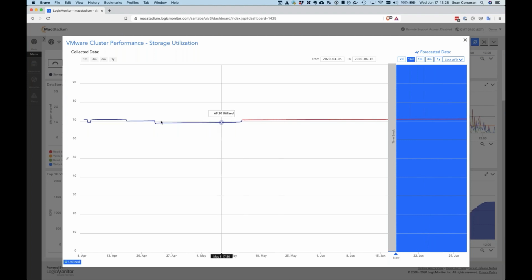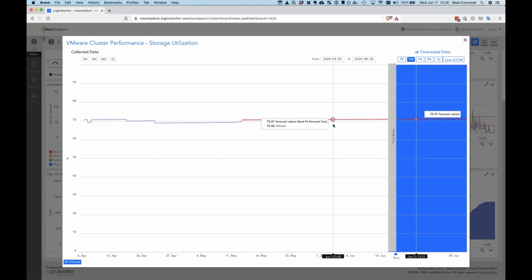So in this case, this particular data store is consuming around 70% utilization. Not really seeing any pops in usage here. So the line of best fit is relatively flat, but that's great.